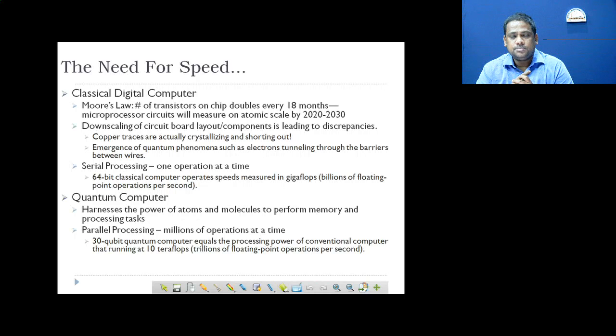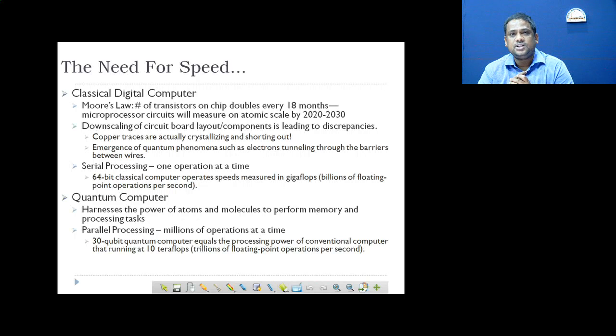They are experiencing the bottleneck with respect to Moore's law, which says that the number of transistors on a chip doubles every 18 months. The microprocessor circuits we use will reach atomic scale by 2020 to 2030. The downscaling of the circuit board's layout and components is leading to discrepancies, which generate huge heat and cause those circuits to shut down.